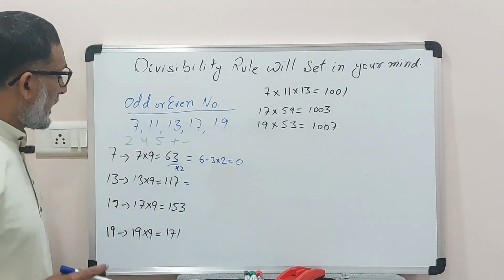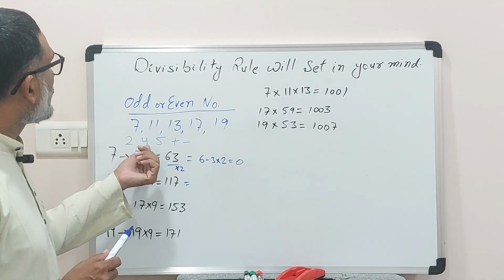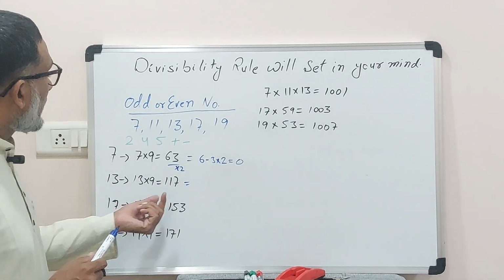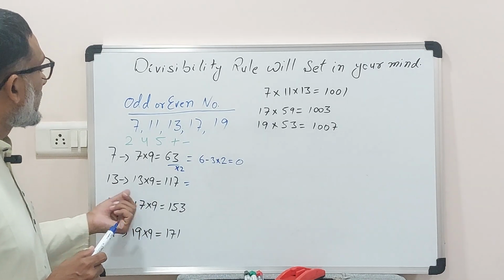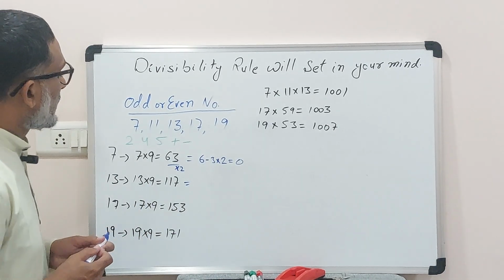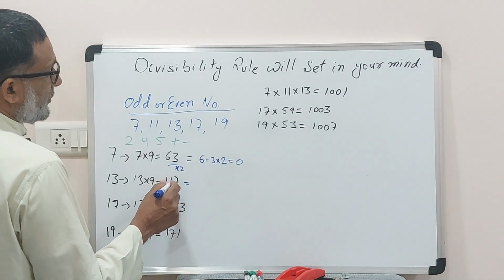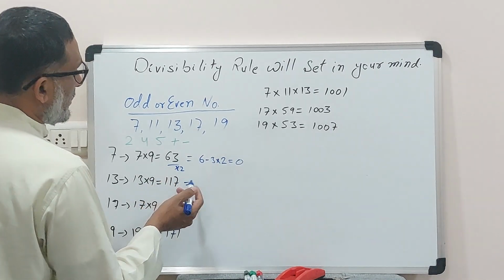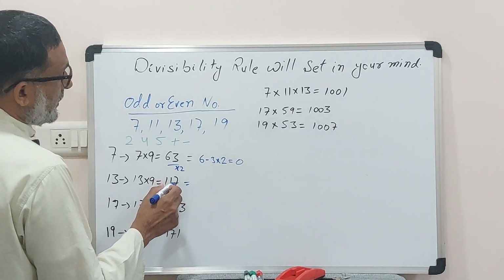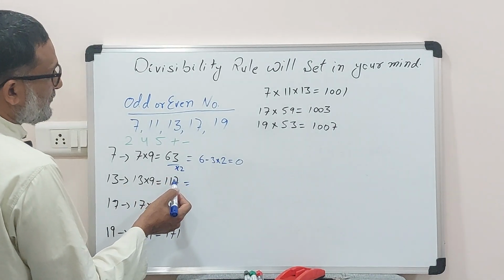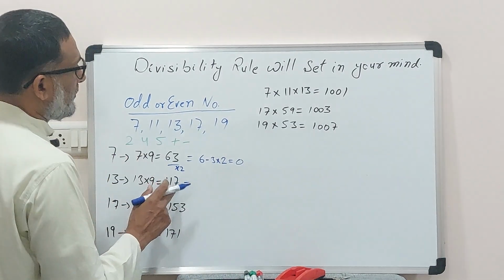For 13, what will the rule be? Do we multiply by 2, 4 or 5? Here the remaining digit is 11, and for 13 the result should be either 0 or a multiple of 13. If we multiply 7 by 2, we get 14, and 14 minus 11 is 3, neither 0 nor a multiple of 13, so it does not apply. 14 plus 11 is 25, also not 0 nor a multiple of 13, so 2 is not the multiplier.